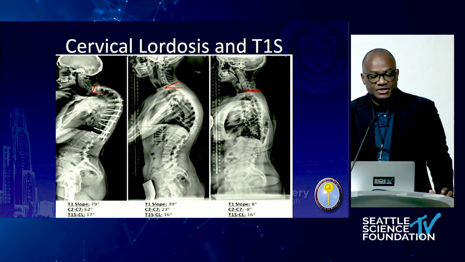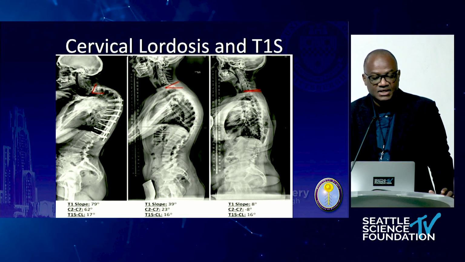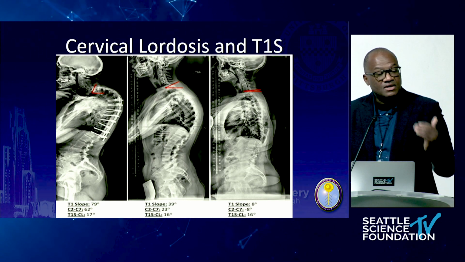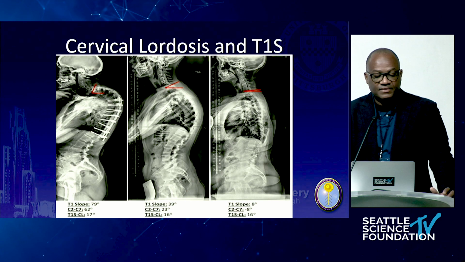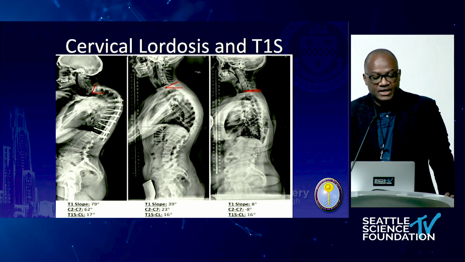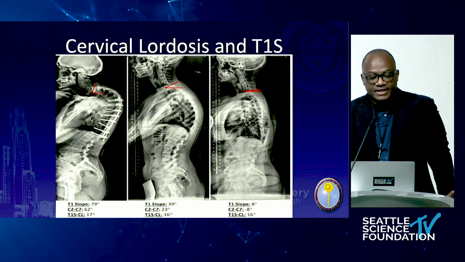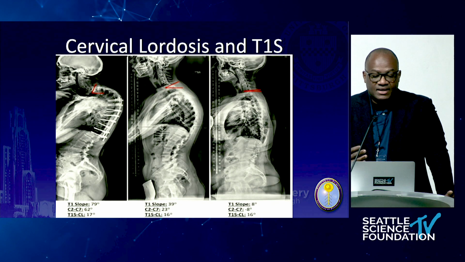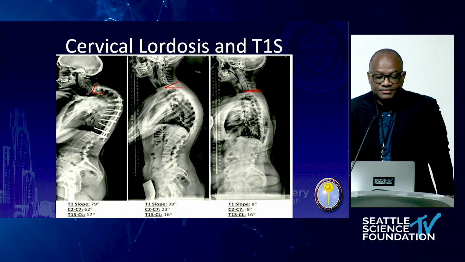And then you look at the middle person, I'll call them moderate. They do have some issues with excessive kyphosis, causing some lordosis, but because they have a T1 slope just outside the range, they don't need as much lordosis versus somebody with a very little T1 slope angle.